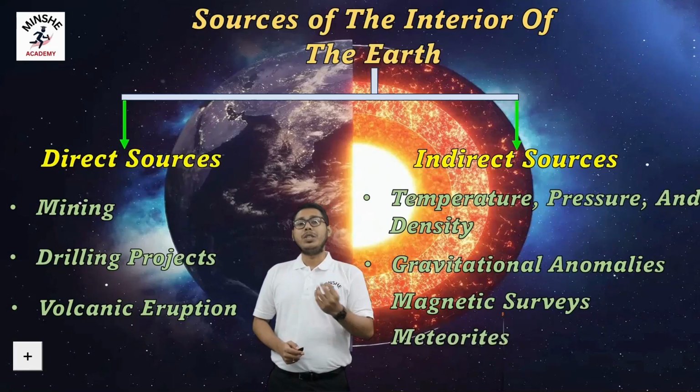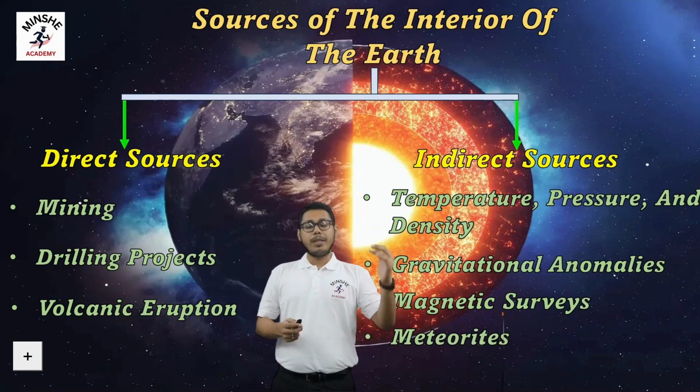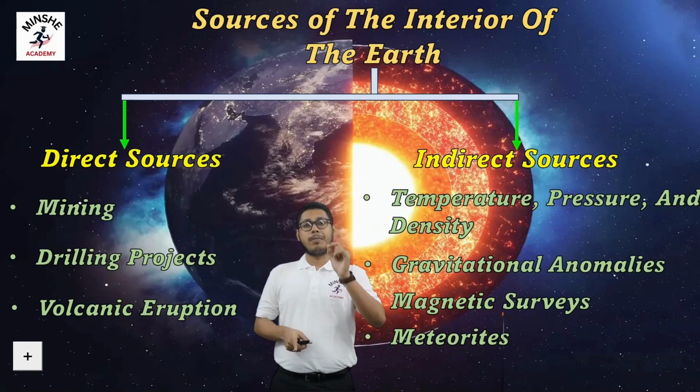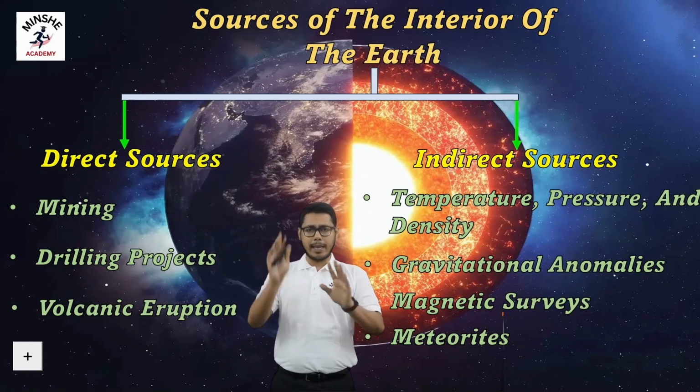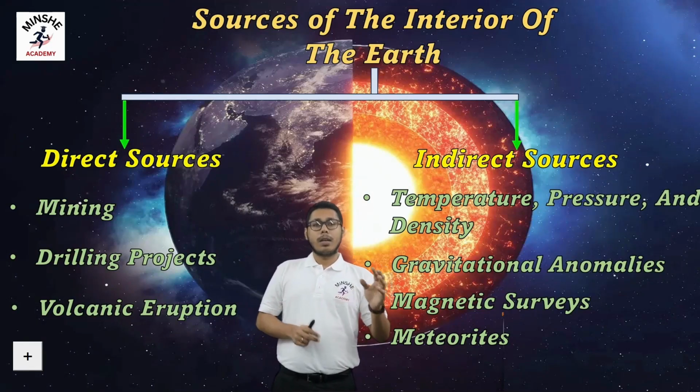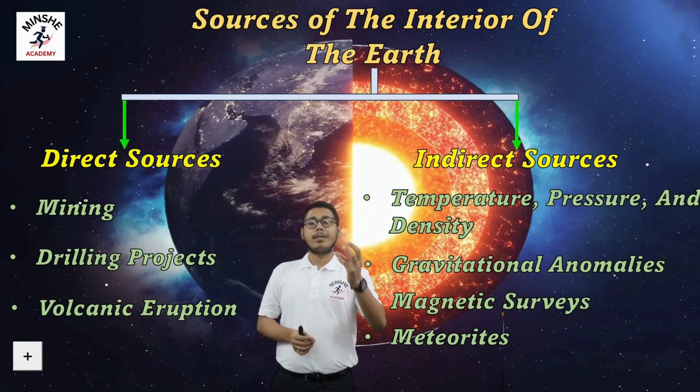Number four, meteorites. We all know meteors. When meteors enter the earth's atmosphere, they become meteoroids, and when they reach the earth's surface, they become meteorites. It is a part of a celestial body which is very small in scale compared to planets. But this is also a celestial body similar to Earth, because the hypothesis is that everything is from the same source.